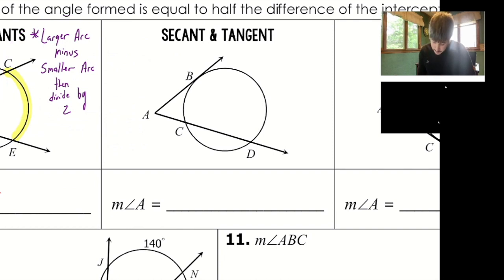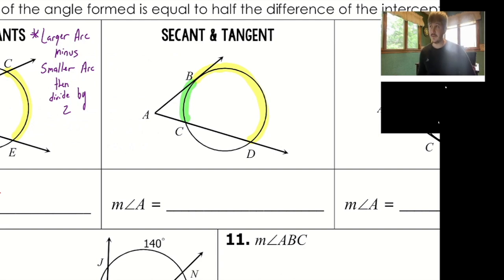So in this one, the intercepted larger arc is this one, the furthest one away from the angle, which would be arc BD. We're going to assume it's smaller than 180 because we don't know if it's a major arc or not. So we'll just call it BD. Then the smaller arc, which is BC.